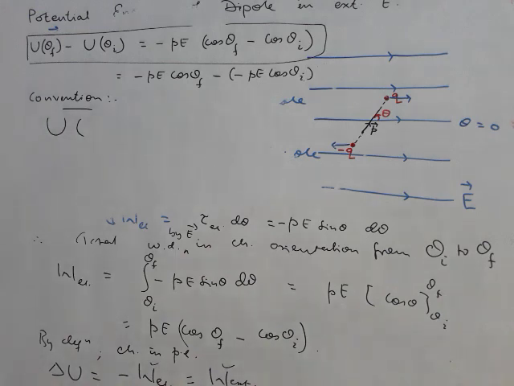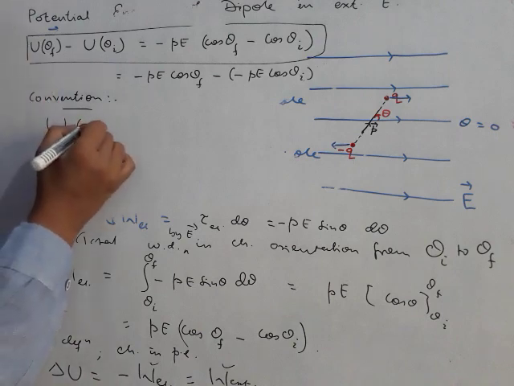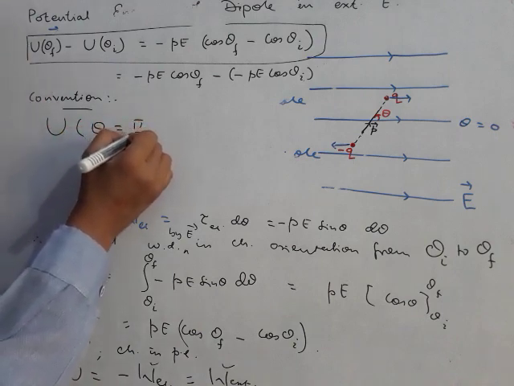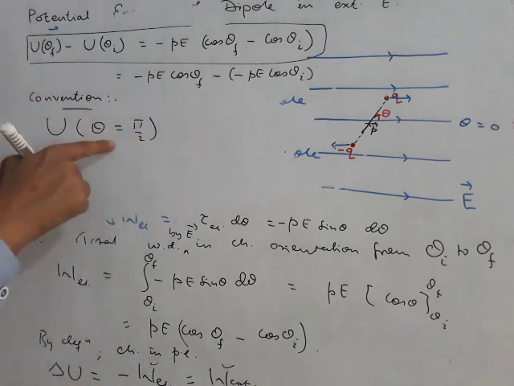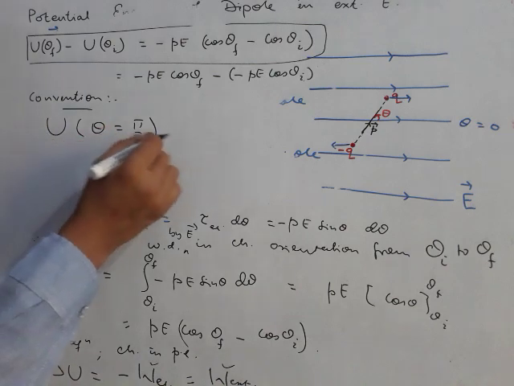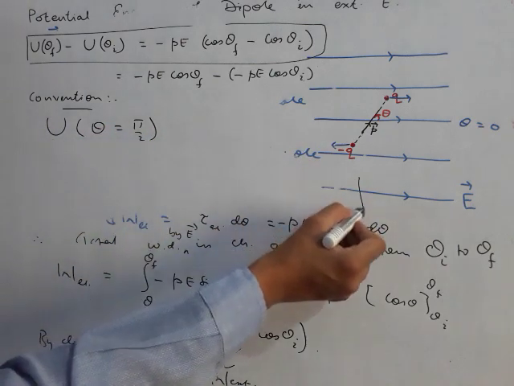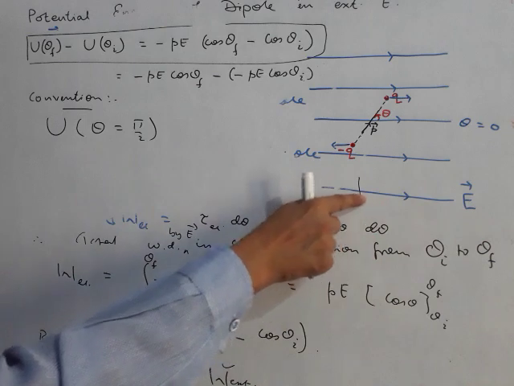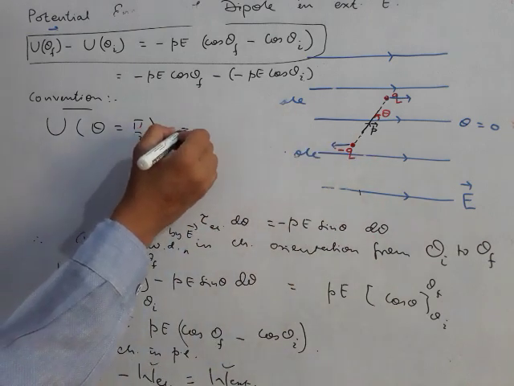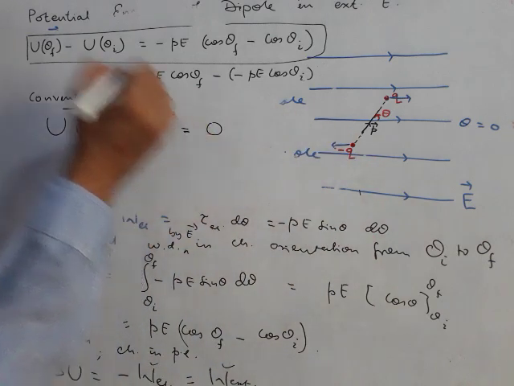Out of these orientations, one of them we have to choose as a reference. Reference means where we can assume the potential energy to be 0. That angle is chosen as pi by 2. At this particular angle, theta is equal to pi by 2, when the dipole is placed perpendicular to the electric field lines, that particular orientation has 0 potential energy.